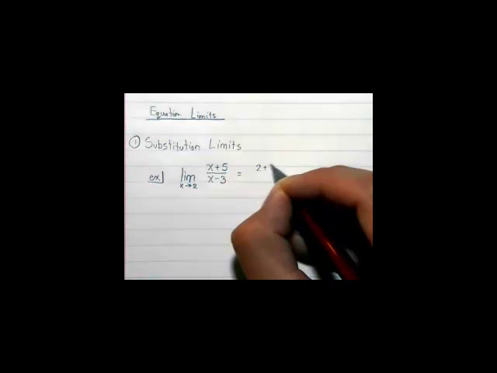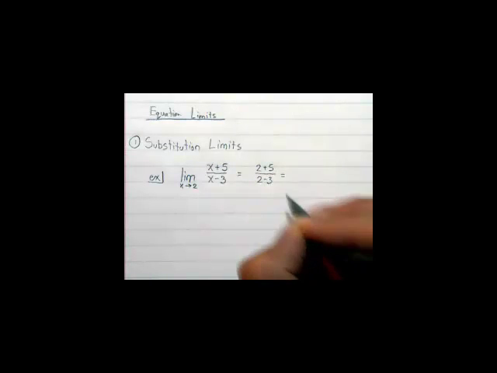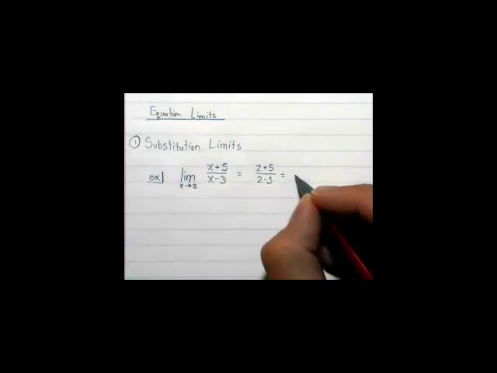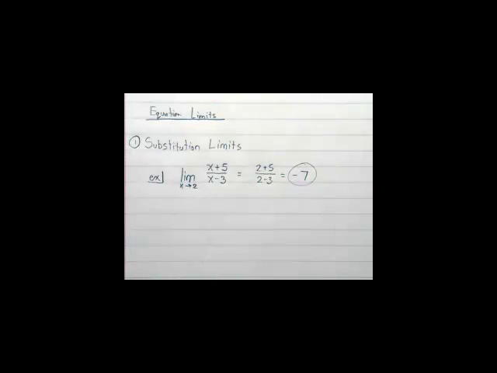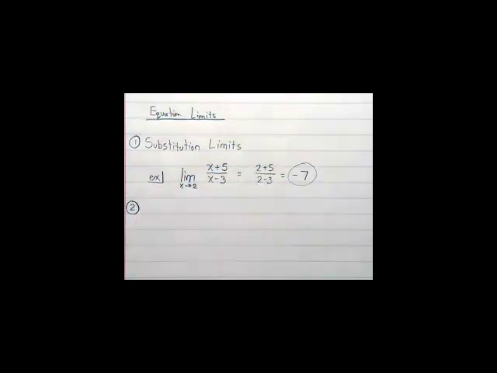So 2 plus 5 over 2 minus 3. So that's 7 over negative 1, so negative 7. The answer to that limit is negative 7. Done. So check to see, can it be plugged in? Now, if it can't be plugged in, then you might have to go to doing something else to get there.